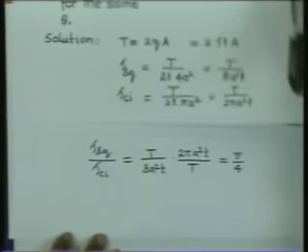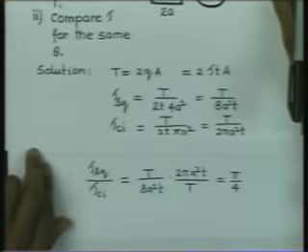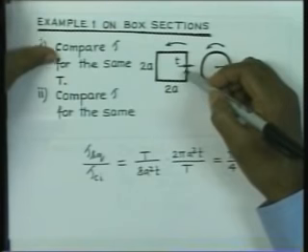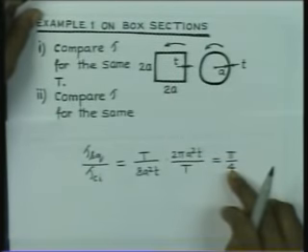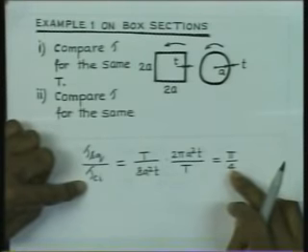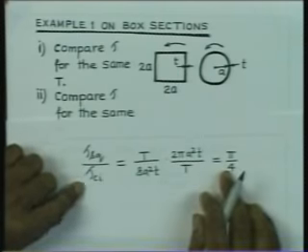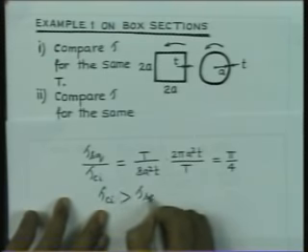What you find here is that the shear stress in the case of the circle is going to be the same everywhere, and for the square it is going to be higher at the middle of the sides. In this case the stress in the circle is higher than the stress in the square. So, tau circle is greater than tau square.